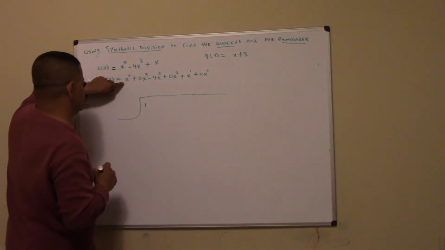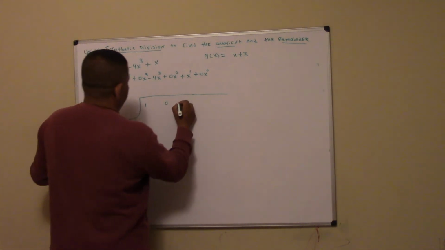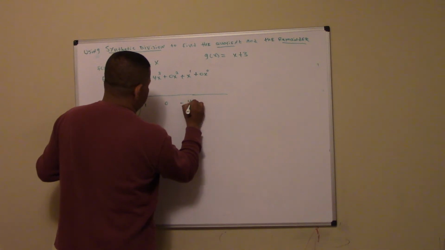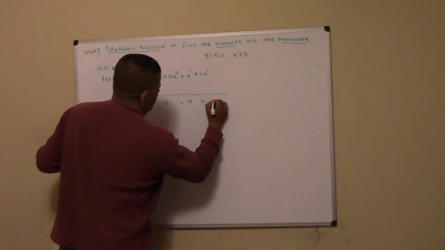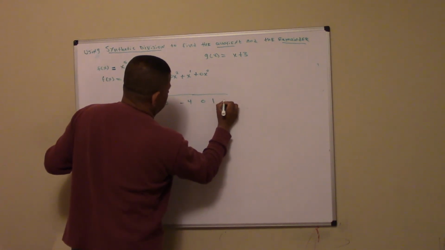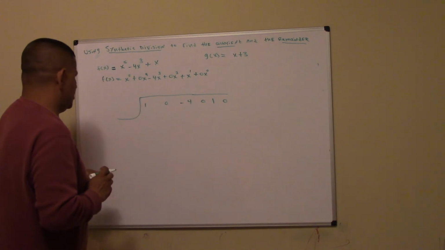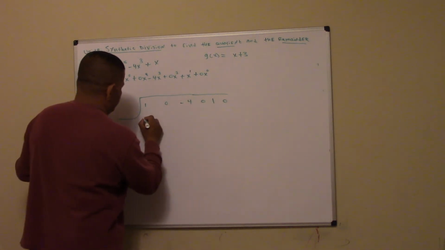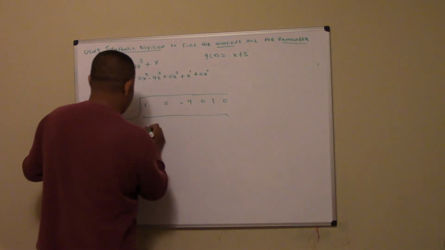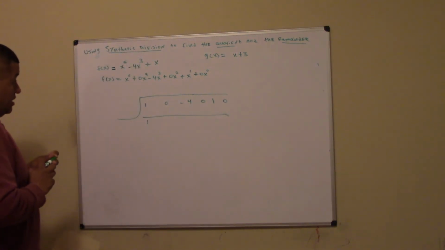I'm writing the coefficients: 0, -4, 0, 1, and 0, right? So let's do the same thing. Let's just put a line right here and drop the 1, okay?